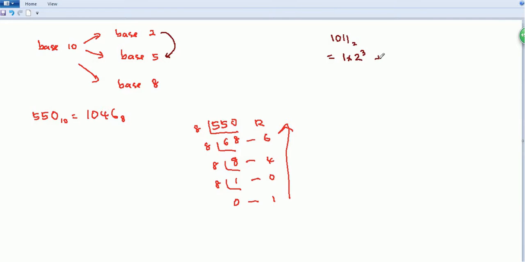So 1 multiplied by 2 to the power 3, 0 multiplied by 2 to the power 2, 1 multiplied by 2 to the power of 1, and the last one will be 1 multiplied by 2 to the power of 0. Okay, let's check: 0, 1, 2, 3. Okay, correct. So it will be 8, 0, 2, 1. Just calculate the sum. It will be 10. Sorry, this will be 11. 11 base 10.